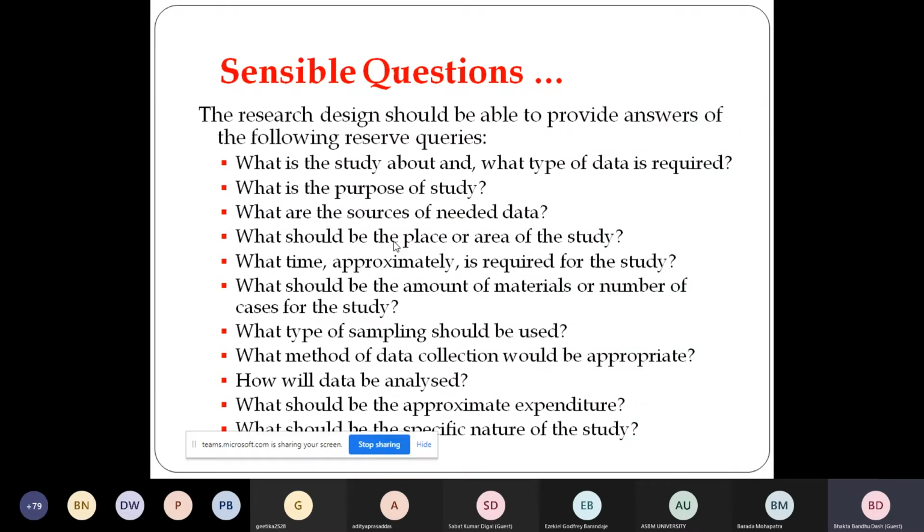That means at a particular time you collect the information and you analyze the information. But whether it is a cross-sectional study or a longitudinal study, each research has a specific timeline. That means you have to logically distribute.